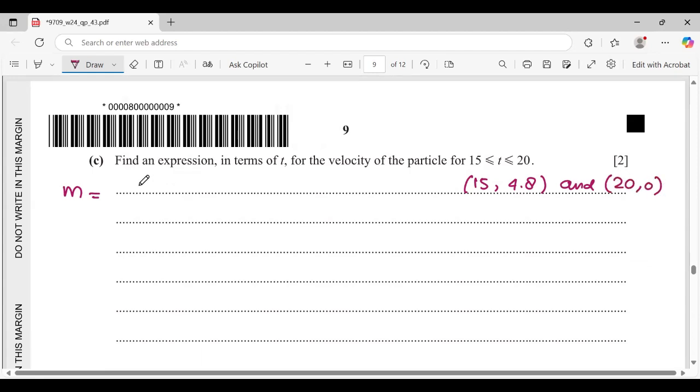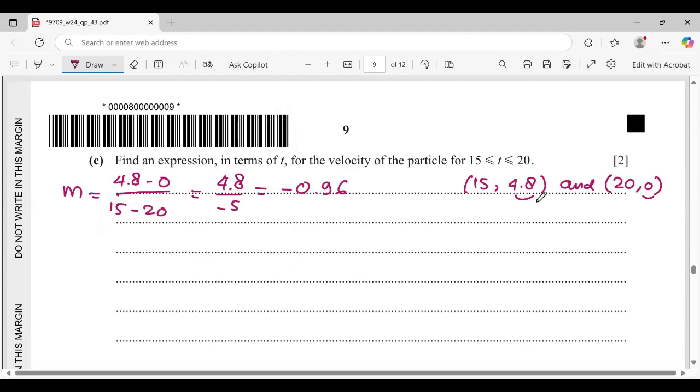So it could be 4.8 minus 0 over 15 minus 20. So it becomes 4.8 over minus 5, and it is minus 0.96.